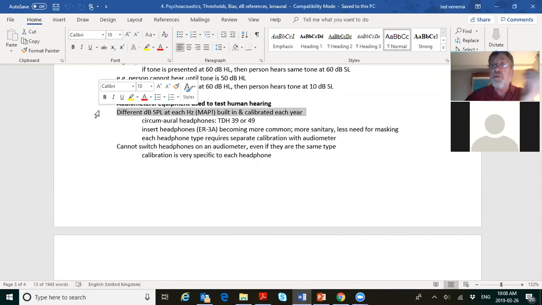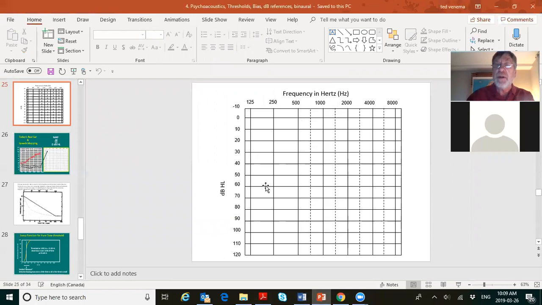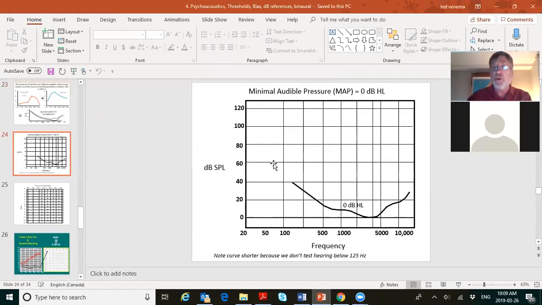The output from the headphone going into someone's ear has to match this curve of minimal audible pressure. That's why we say the audiometer and headphone need to be attached together when building in minimal audible pressure.